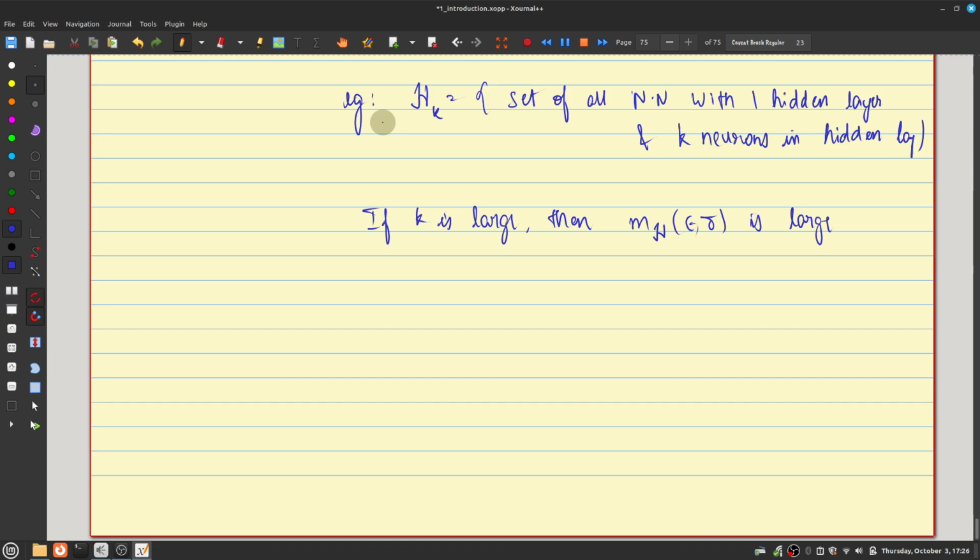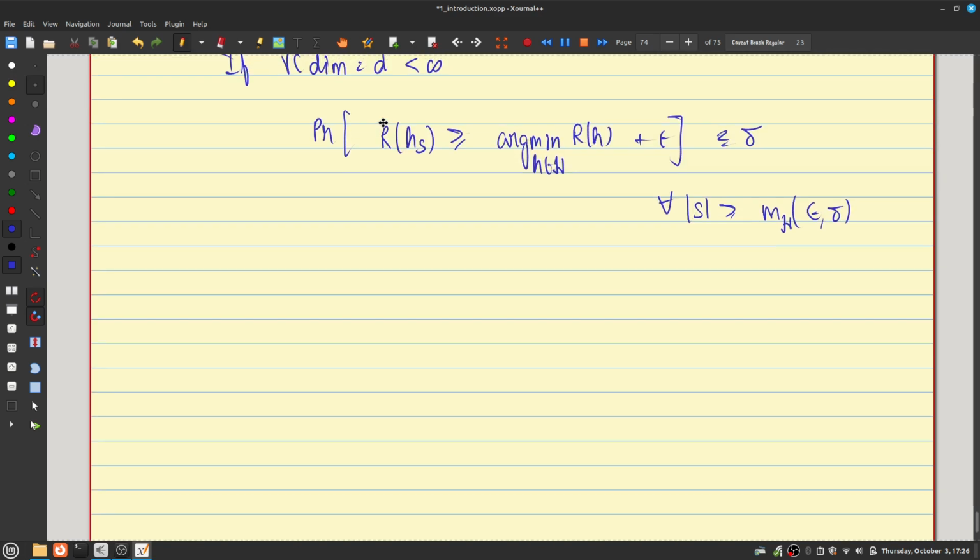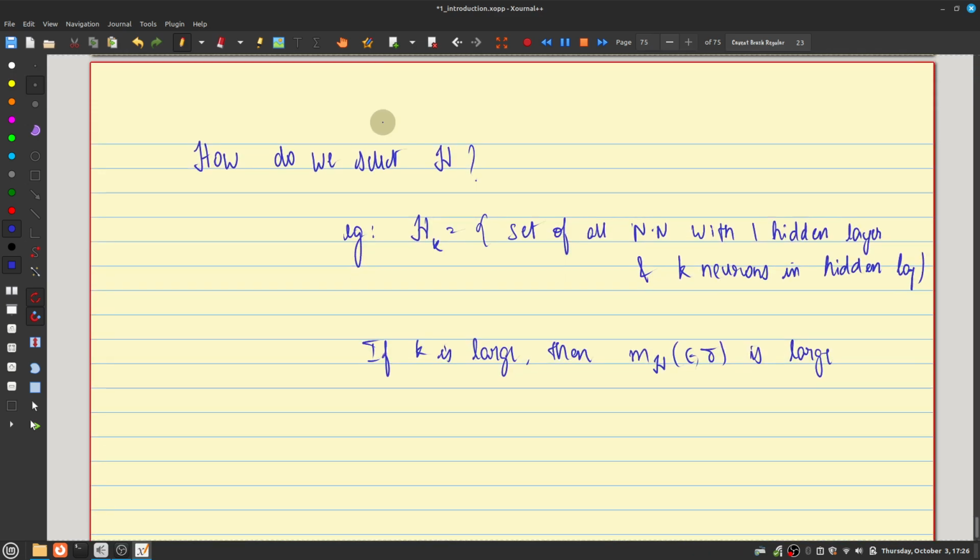Correct, but that is kind of logical, right? Because you're assuming that you have an Hk of increasing complexity, but at least in this particular example, as k becomes large, it can approximate any function arbitrarily closely.